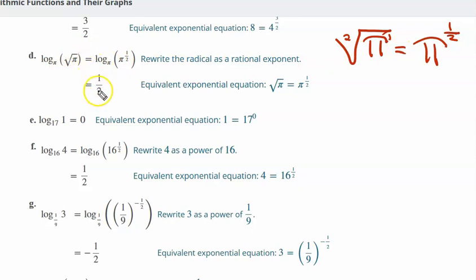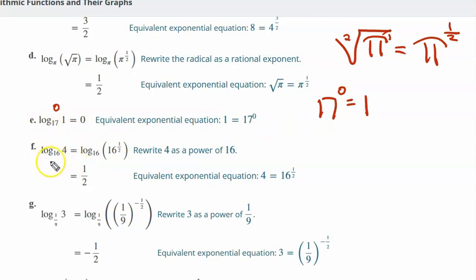So our x value here would be 1/2, and that's how it would look. So these are equivalent. In letter E, we have 17 is our base. The exponent is 0, and it's 1. So in exponential form, it's going to be 17 to the 0 power equals 1.